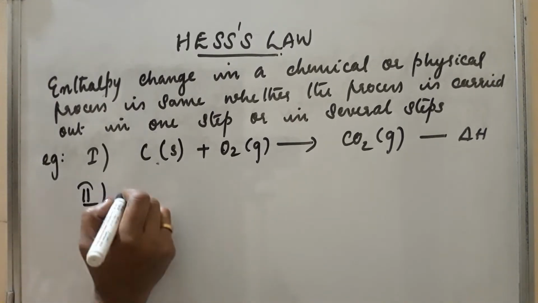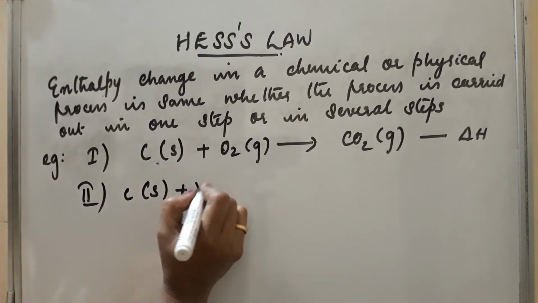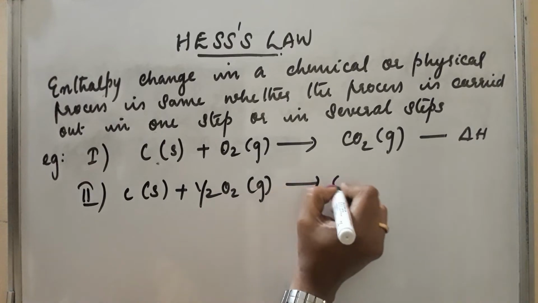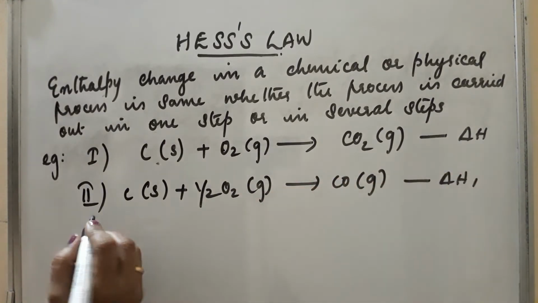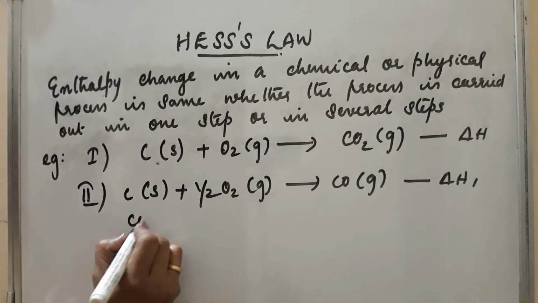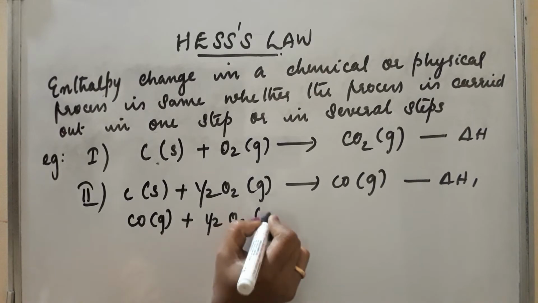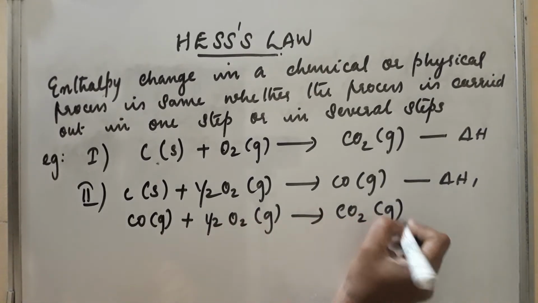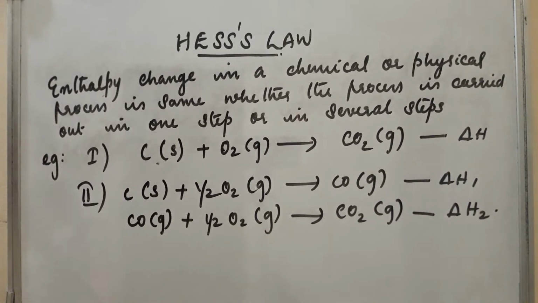So, carbon plus half O2 gives carbon monoxide gas. This is delta H1, and the next step is CO gas plus half O2 gives CO2 gas. Same reaction but it takes place in two steps.